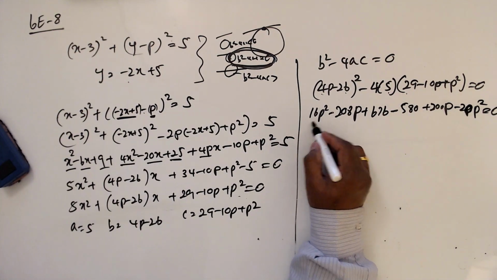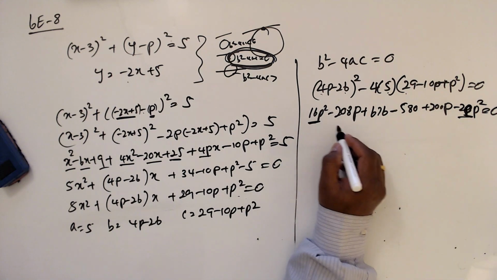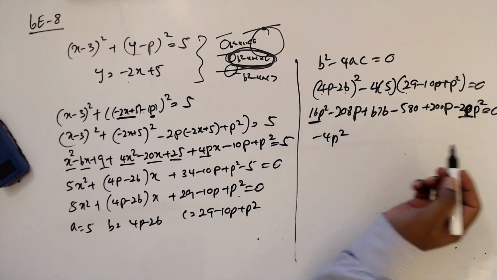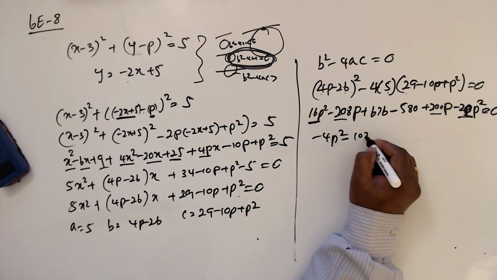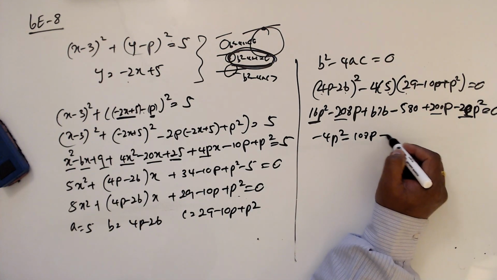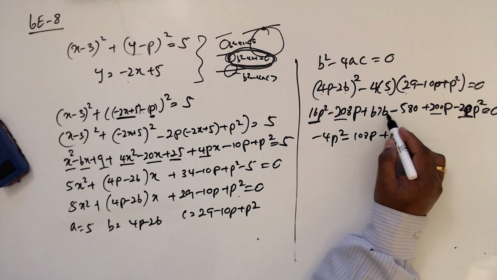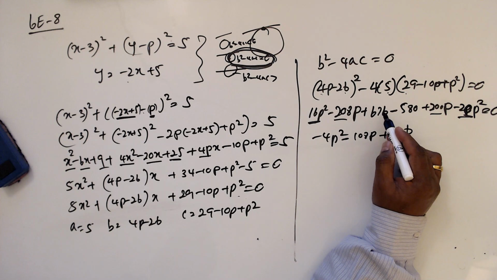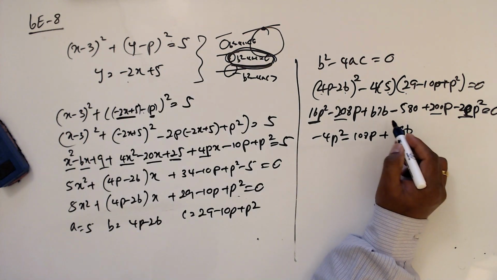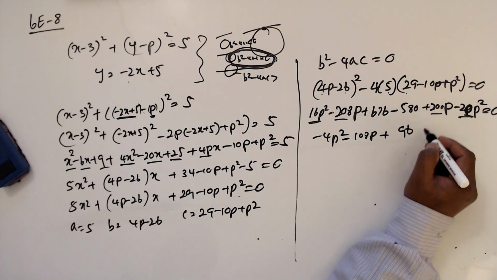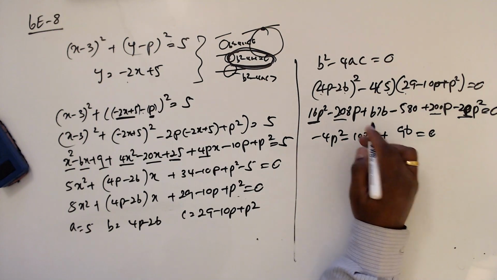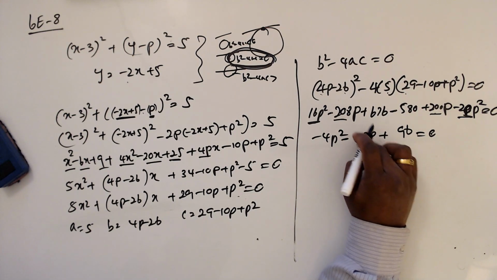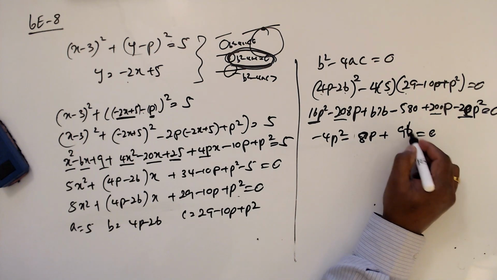So this is going to be 16p² minus 20p², which is -4p². Then 208p minus 200p is 8p. And 676 minus 580 is 96, equals 0.